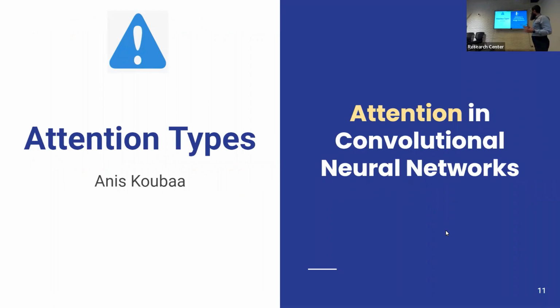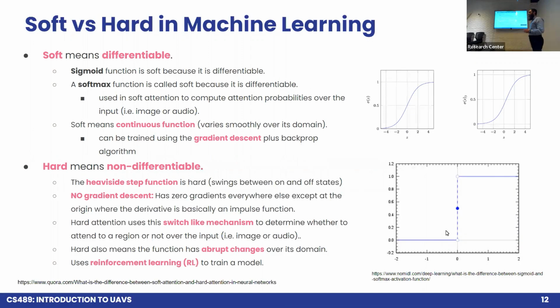So let me first introduce the different attention types. Before doing so, there is a convention in machine learning where we say soft and hard. Soft in machine learning means that we deal with differentiable functions. Later on I'm going to talk about soft attention and hard attention, so we need to understand this in a more general context in machine learning.